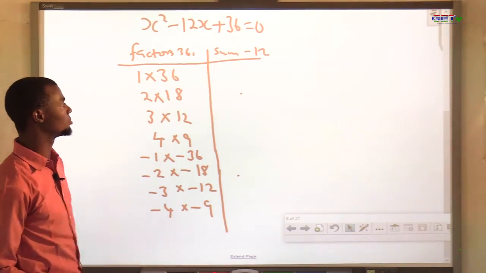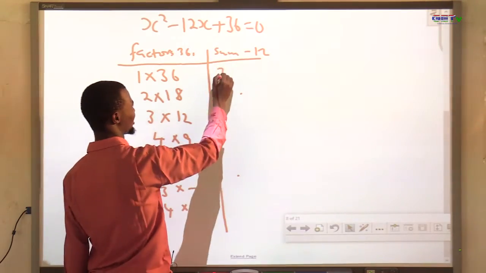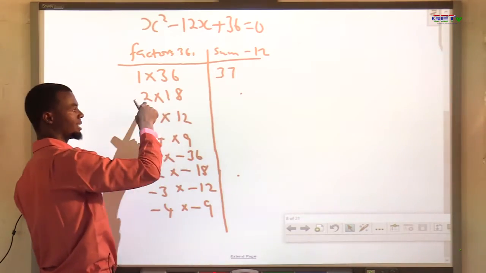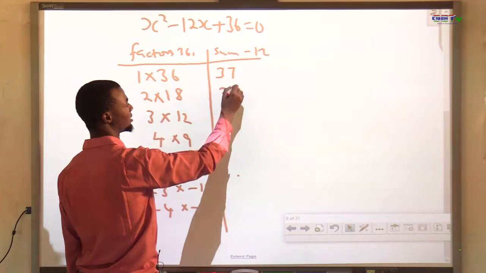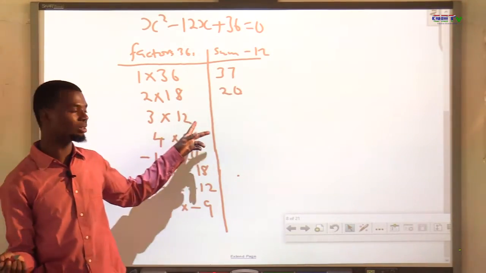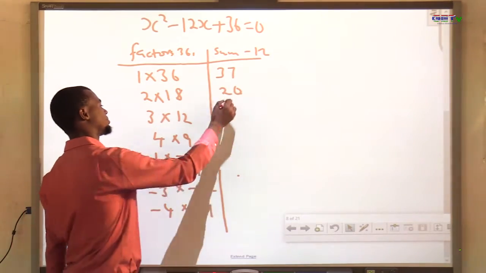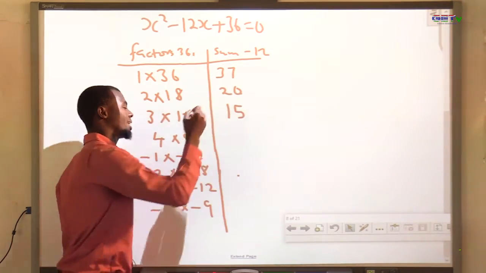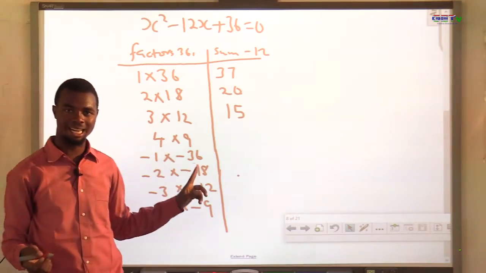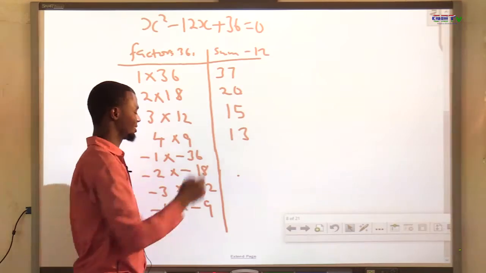Let's look at their sum. If you add this, you will have 37. If you add this, you will have 20. The sum of 2 and 18. If you add this one also, you will have 15, 3 and 12. If you add 9 and 4, that will give you 13.